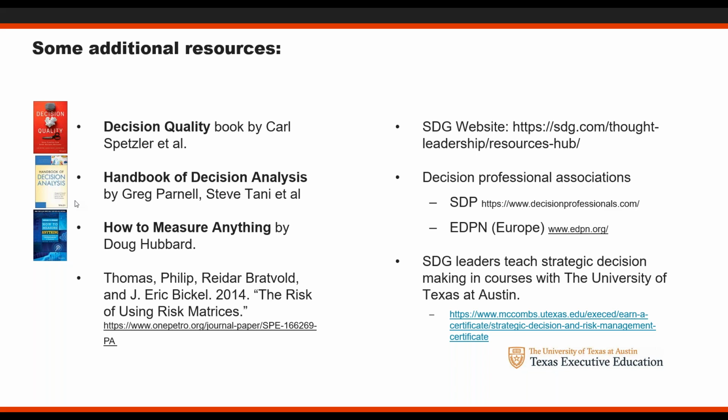And then SDG, just for your information, gives a certificate with the University of Texas at Austin. This certificate requires 6 two-day courses, some of which are now available online, and more will be coming online so that people can earn the certificate without having to go on campus. But of course, being in person is a bigger and better experience. So those are some of the resources I want to highlight.